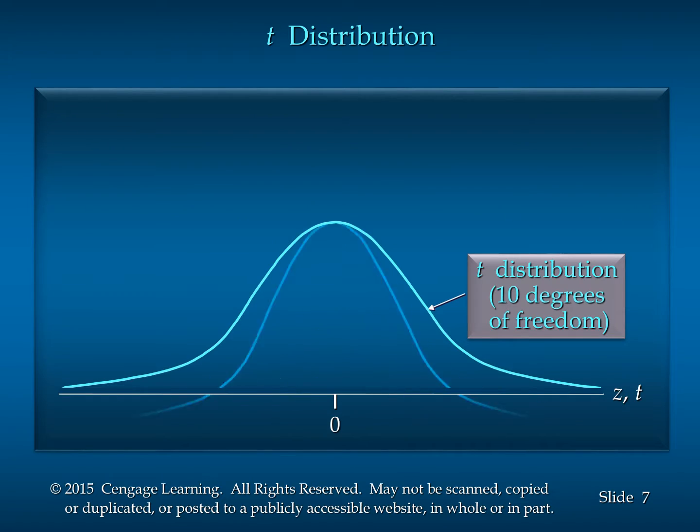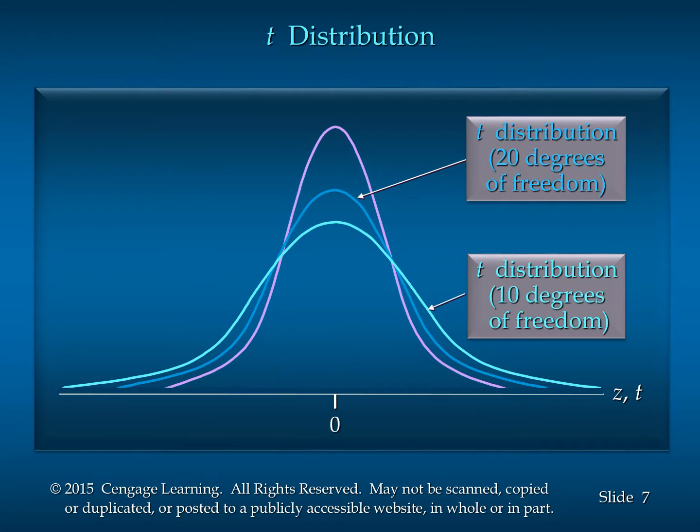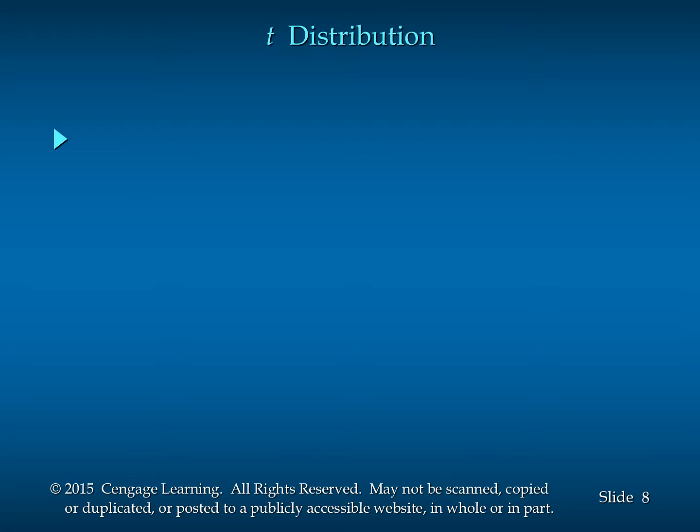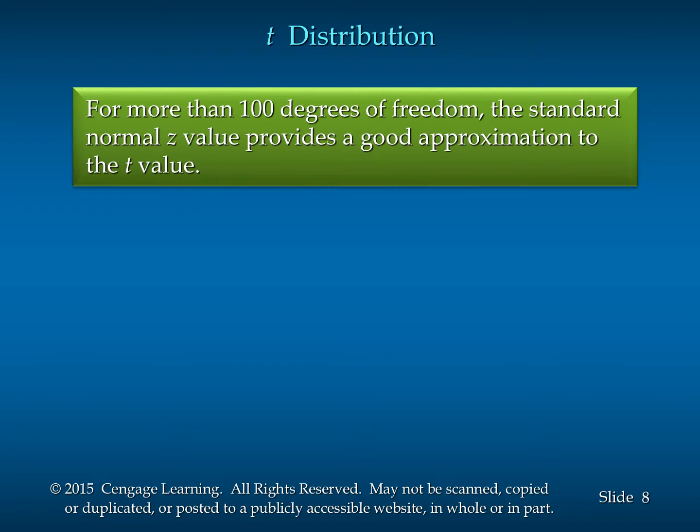This is shown with a set of curves on this slide. When the degrees of freedom exceeds 100, the standard normal z value can be used to approximate the t value.